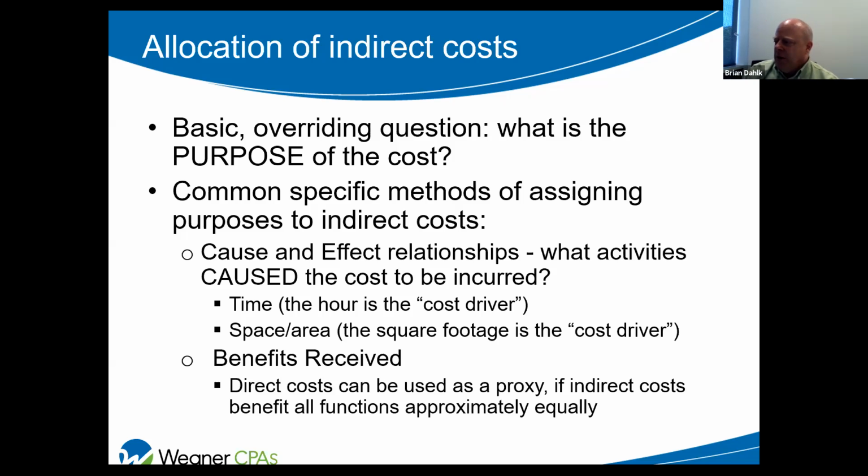There are other possible cause and effect relationships or cost drivers that a nonprofit could use as well. It could use, for example, the number of employees that are devoted to particular functions as a basis for allocating indirect costs to those functions.